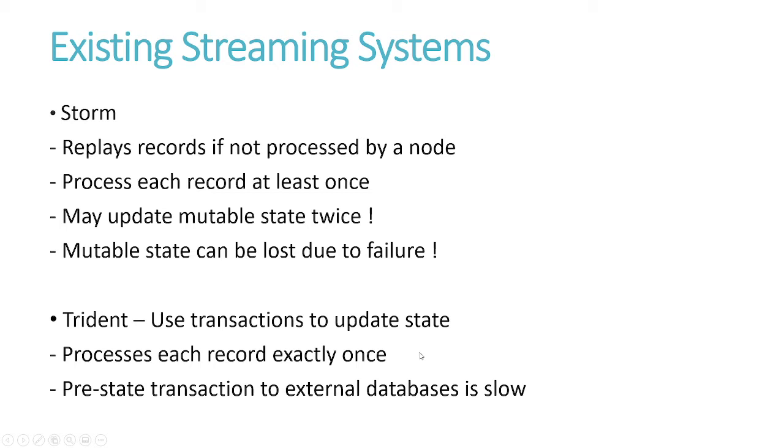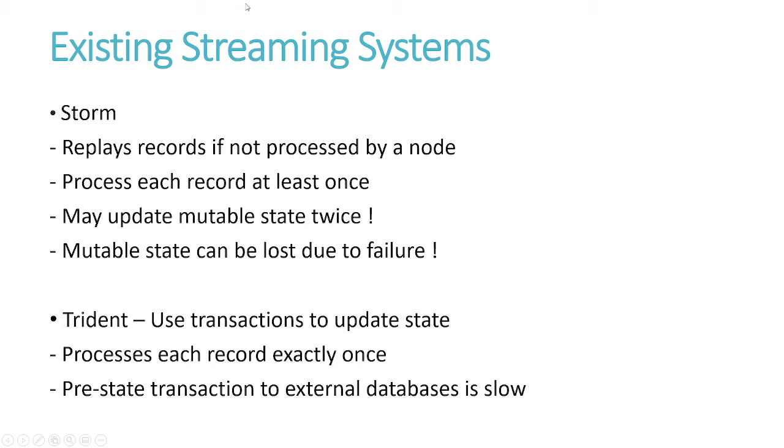This is why Storm is deprecated, and Spark streaming, DStreams and structured streaming offer exactly once. So it's not doubled, and there is no mutated state or loss. Records may be updated multiple times, which puts a burden on the system and is not correct.